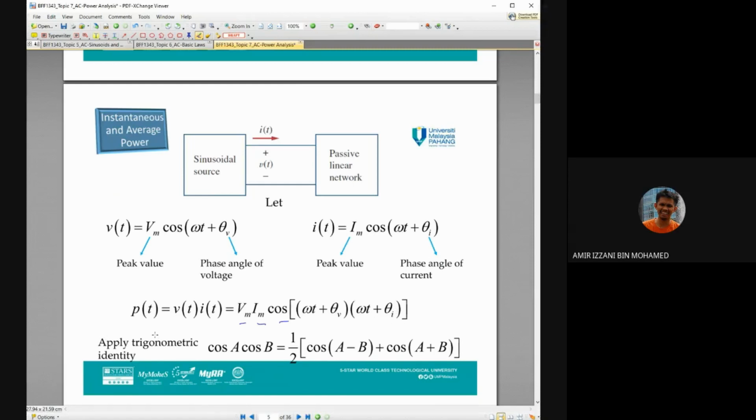So by using the trigonometry identity, cos A cos B equals 1/2 [cos(A minus B) plus cos(A plus B)], we convert this term into this conversion. If you forget about this one, refer to your high school textbook.